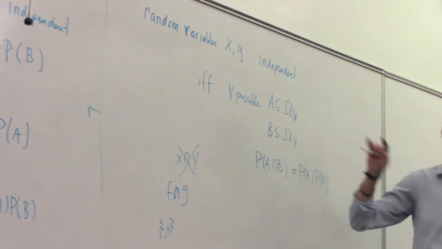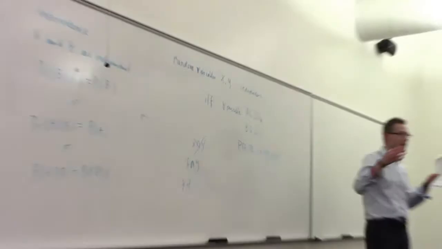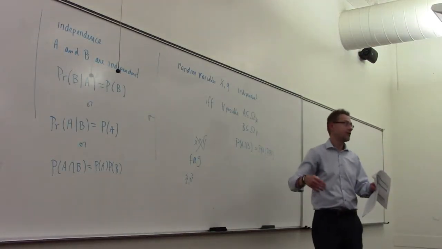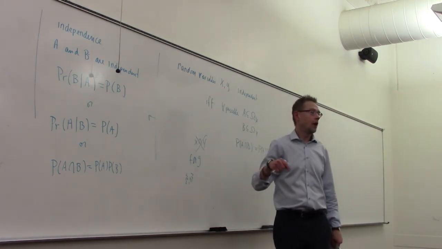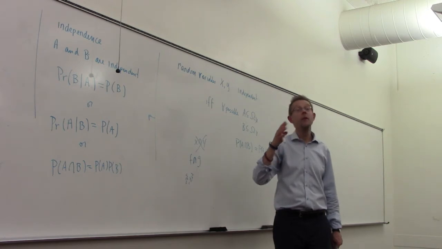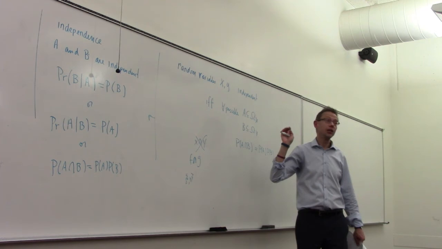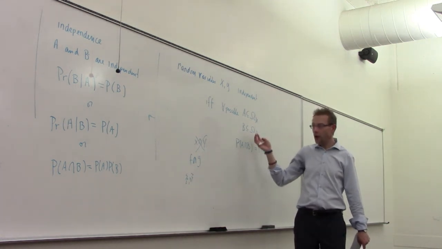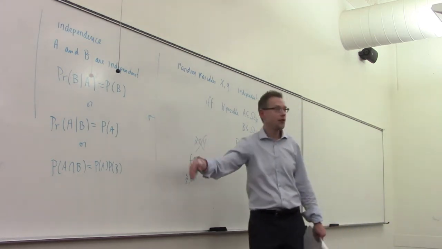All this is saying is that if I colloquially use the term random variable X and random variable Y being independent, behind all of that is you taking those functions, interpreting them in terms of their sets, and then going back and using this. So you will need to get familiar and comfortable with the idea that there's this interplay, just like you did in 2100, that these functions can be represented as sets, and then correspondingly you can go back and use all these definitions.